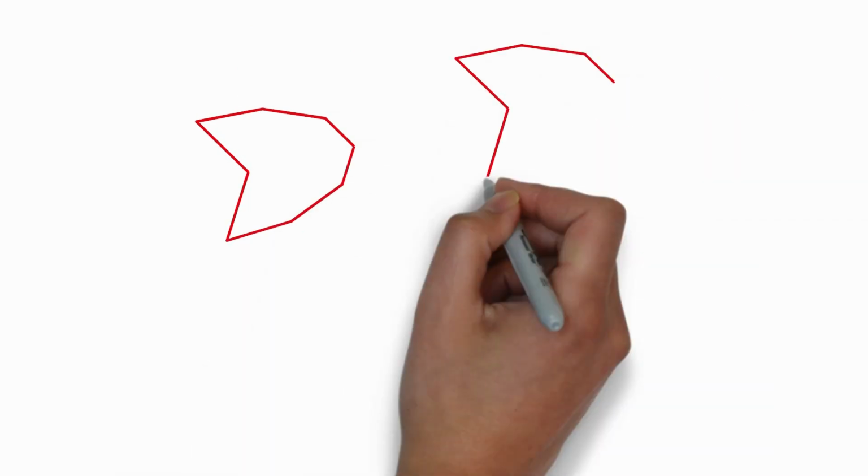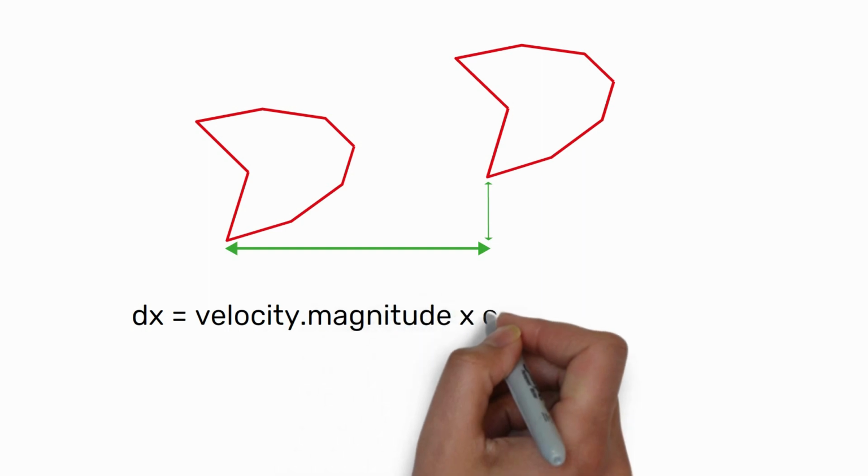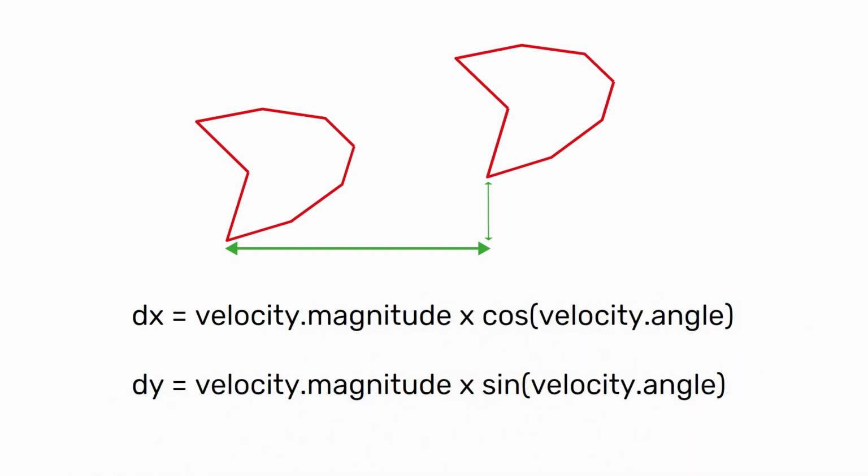But it will have a velocity, with an angle and a magnitude. So to move the player ship, we need to work out its x and y position increments. So in each tick it will move by a small increment, and we can term these dx and dy. And we have a formula for working these out, where we're simply multiplying the velocity magnitude by either the sine or the cosine of the velocity's angle.